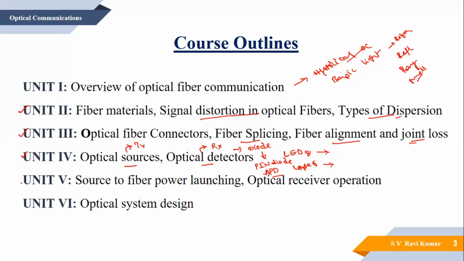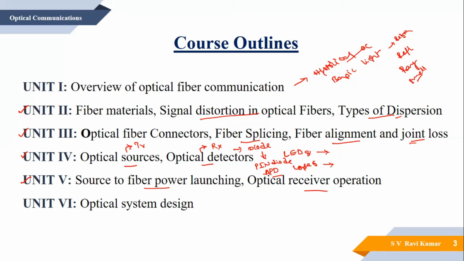And in the next 5th unit, source to fiber power launching. So coming to unit 5, we are taking source to fiber power launching and optical receiver operation. The two are completely different topics. Source to fiber launching: when you are designing one optical fiber link, you must consider how to launch the generated power from the source into the optical fiber cable which is connected to it.